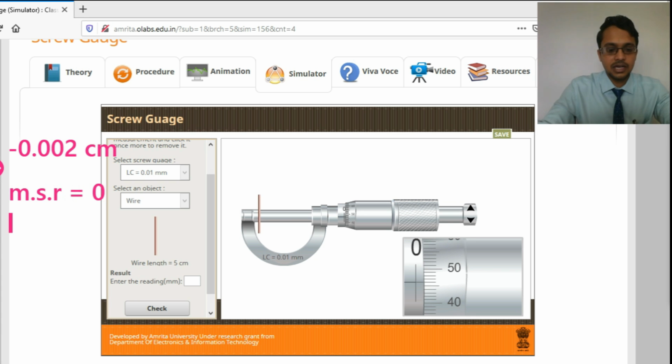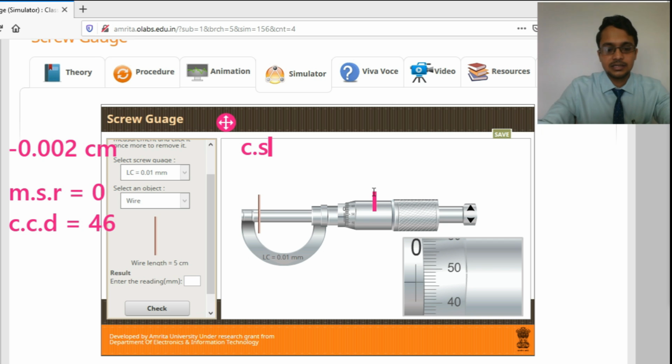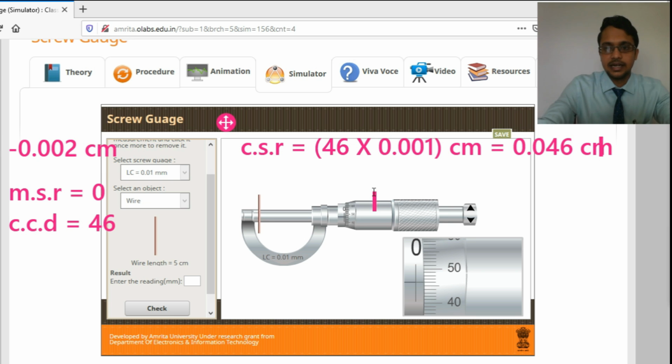The circular coinciding division here is again 46. So the circular scale reading will be the circular coinciding division, 46, into the least count 0.001 centimeter. So we will get 0.046 centimeter. So this is the circular scale reading.